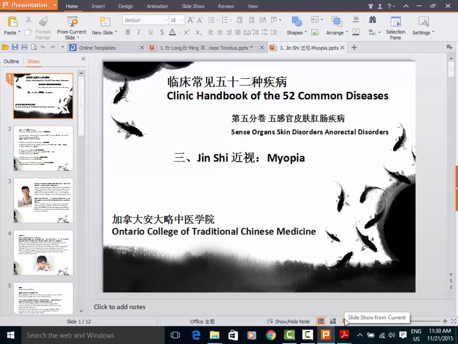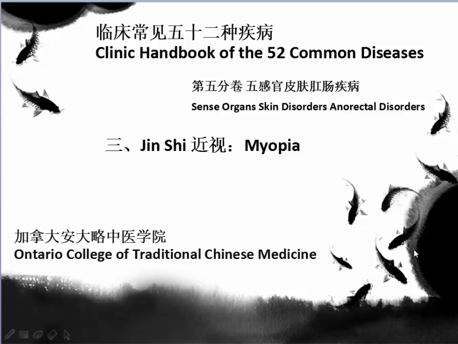All right, myopia. What is myopia? Loss of sight. Remember that there's a little bit of space between the translated words. Sometimes the term in Chinese that is translated into myopia, traditionally in Chinese medicine, will encompass a larger range.